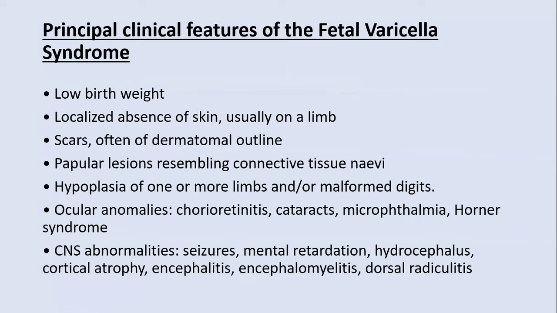Scars are often of dermatomal outline, papular lesions resembling connective tissue nevi, hypoplasia of one or more limbs with a malformed digit, ocular abnormalities like chorioretinitis, cataract, microphthalmia, Horner syndrome, and CNS abnormalities like seizures, mental retardation, hydrocephalus, cortical atrophy, encephalitis, encephalomyelitis, and dorsal radiculitis. So the main brunt is on the limbs, eyes, and CNS.